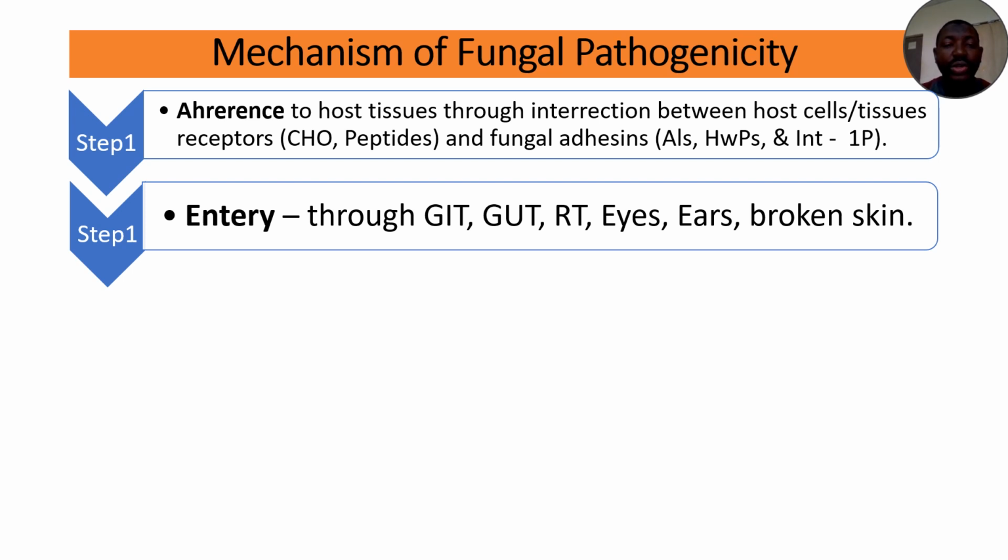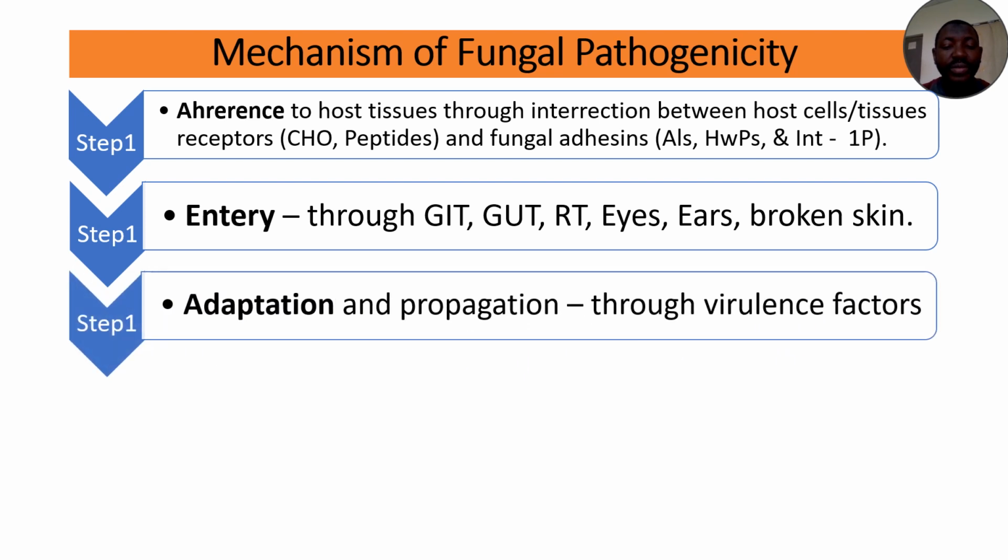So once the fungi attach, it will now enter, and immediately after entry, the next step is for the fungi to adapt. So this stage is called adaptation and propagation.